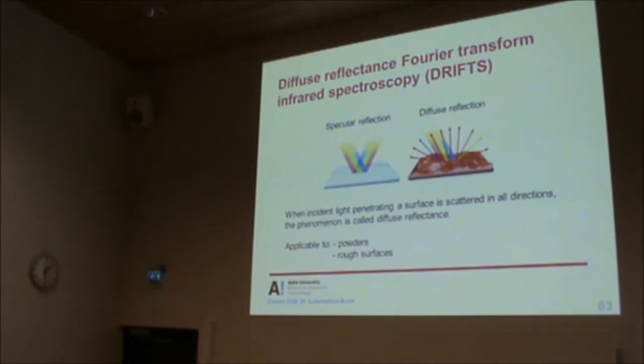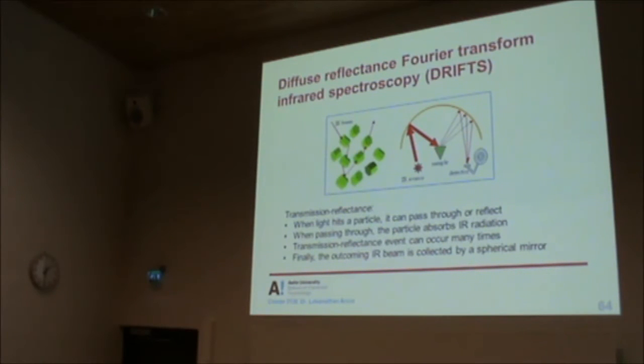Now if you take a very smooth sample, we know the angle of incidence is equal to the angle of reflection, the laws of optics. But if you take a rough surface, the beam is spread out, scattered in all directions. So this challenge of how the beam is spread out is dealt with as follows. You have a hemispherical reflecting device.